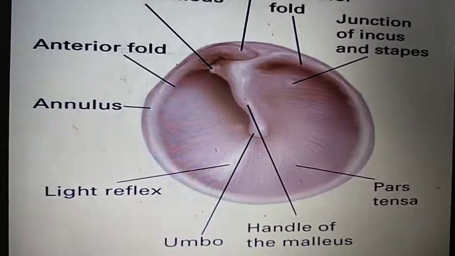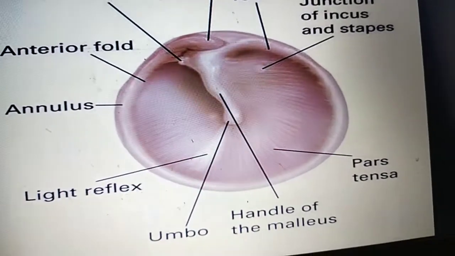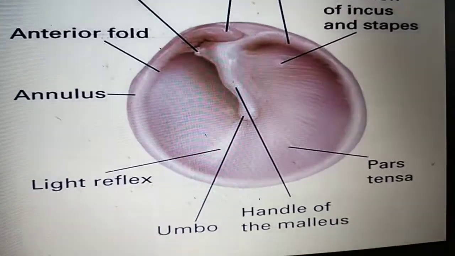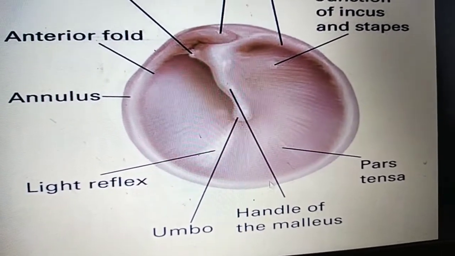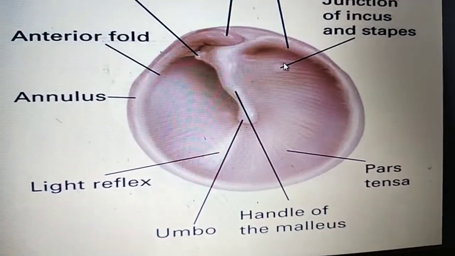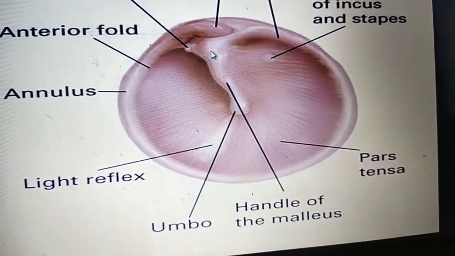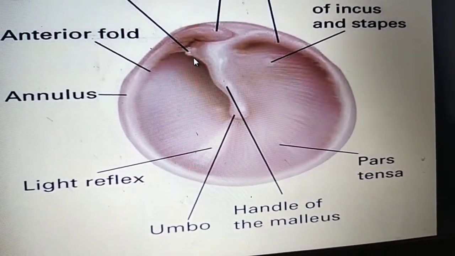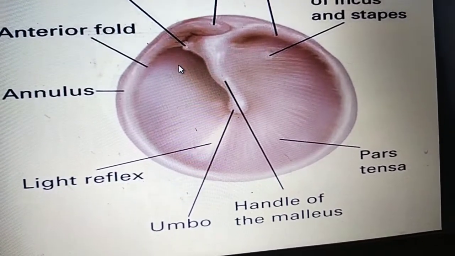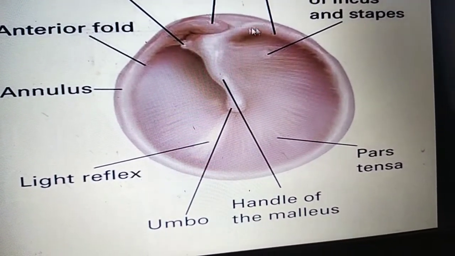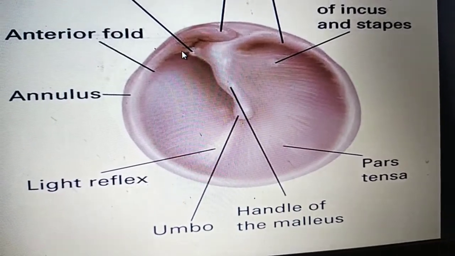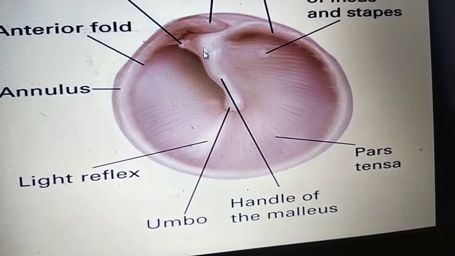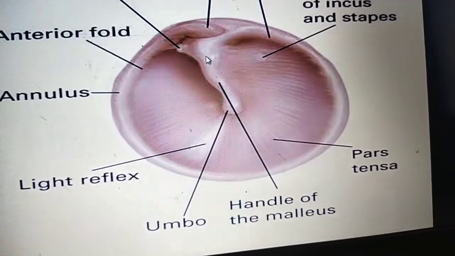The pars tensa is the tense portion and refers to the main portion of the tympanic membrane. It extends from the anterior and posterior malleolar folds, at the level of the lateral processes of the malleus.